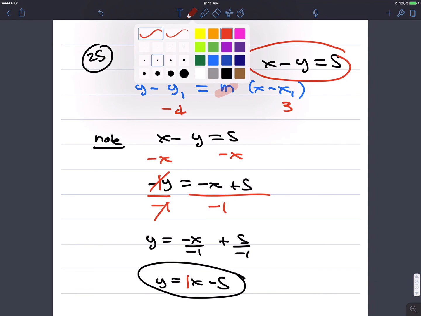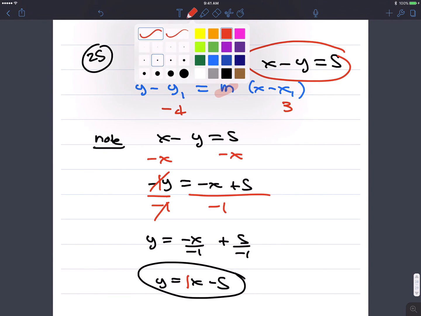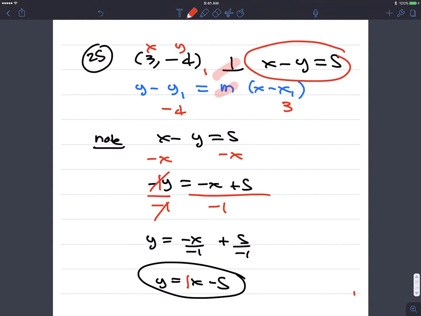Now, if the lines are going to be perpendicular, perpendicular lines, remember, are both opposite and reciprocal. So what that means is, let's write it down. The slope will be of a line that's perpendicular. The reciprocal of 1 is 1 over 1. Opposite is minus 1 over 1.